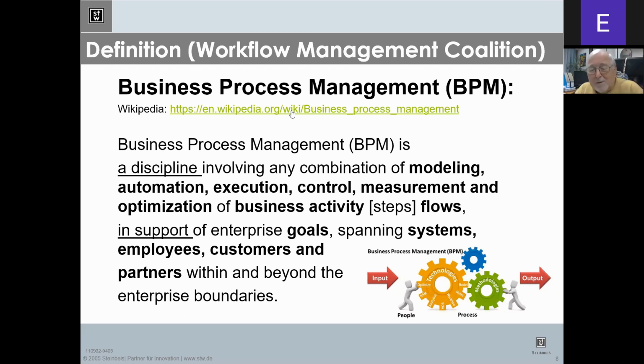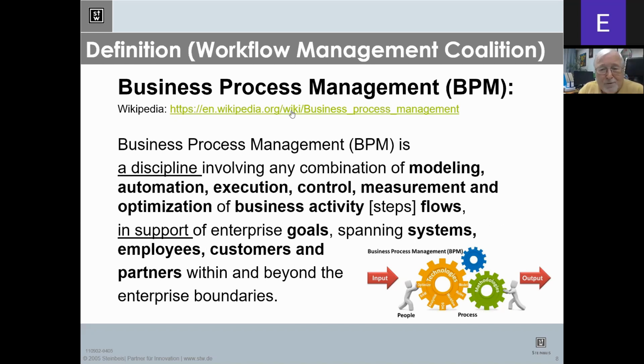And business process management is now a task of an international organization. It's called Object Management Group. And the Object Management Group is defining standards. These are OASIS standards in this business process domain.